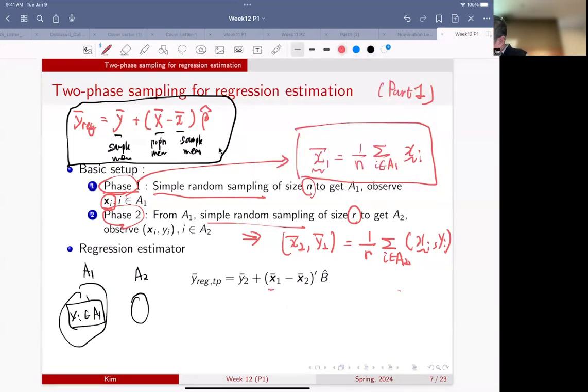And this is the sample mean, and this is the population mean.